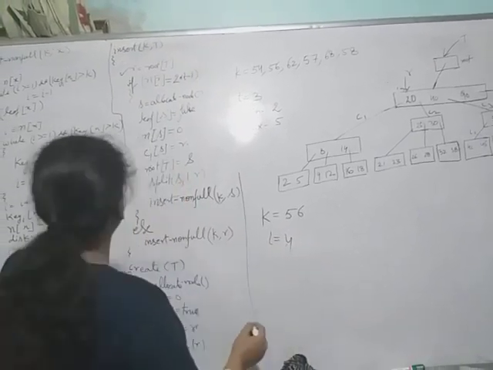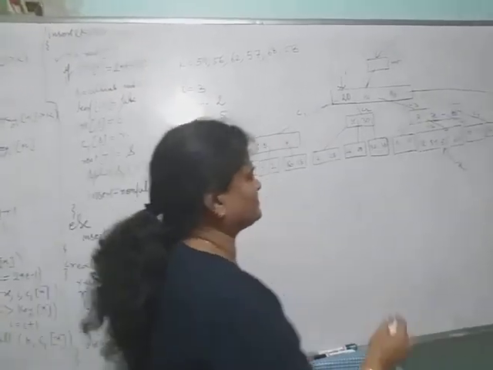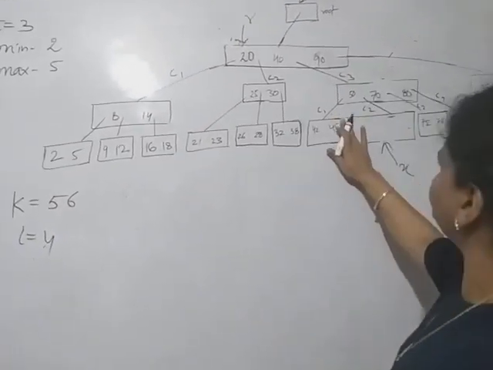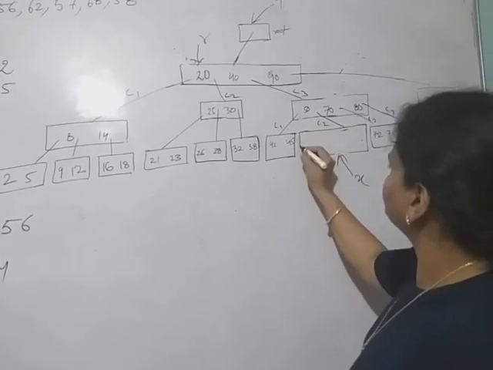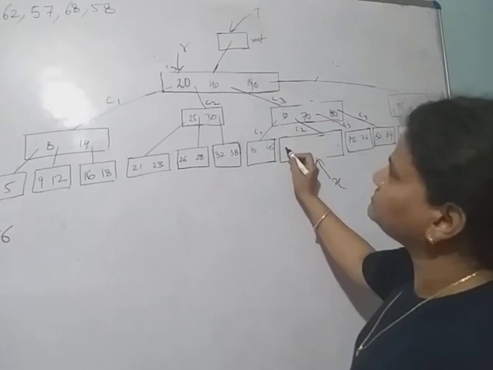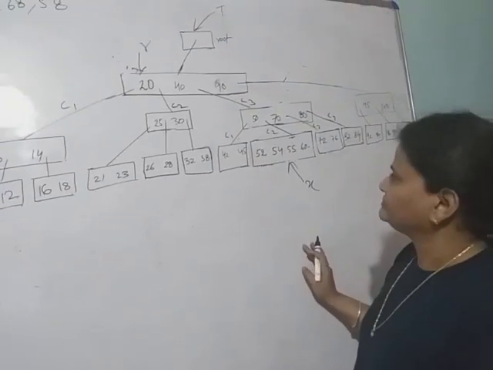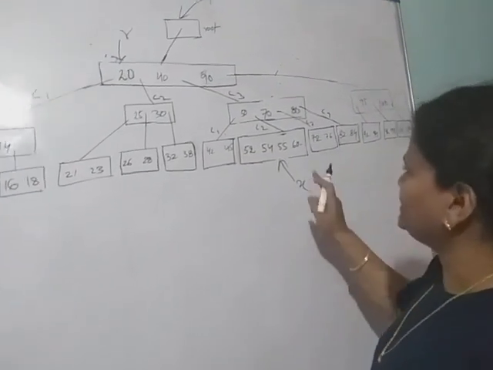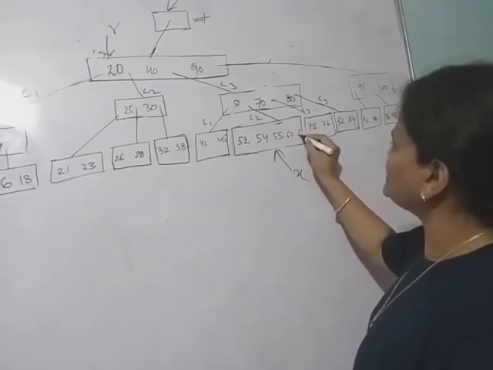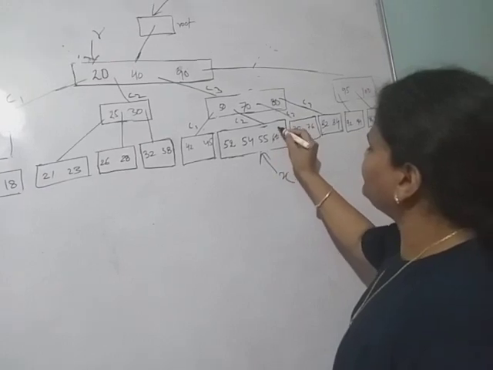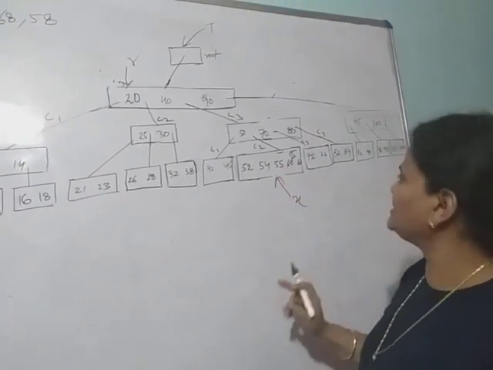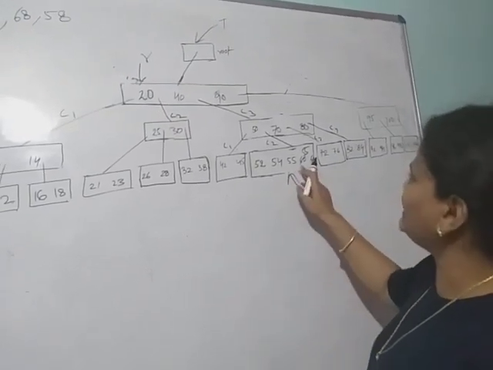The fourth key will be shifted to the 5th position. So first 60 is moved here, then 55 is moved here. So simply just this is the proper place where 56 can be.